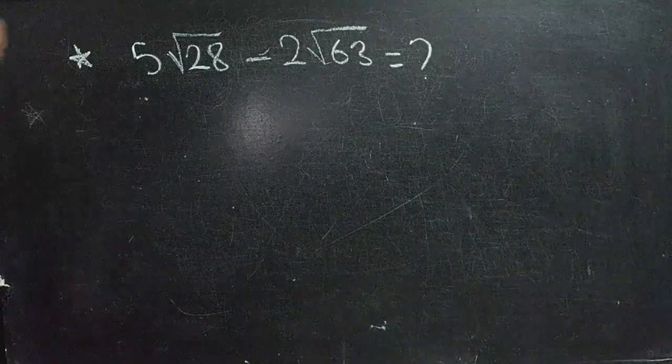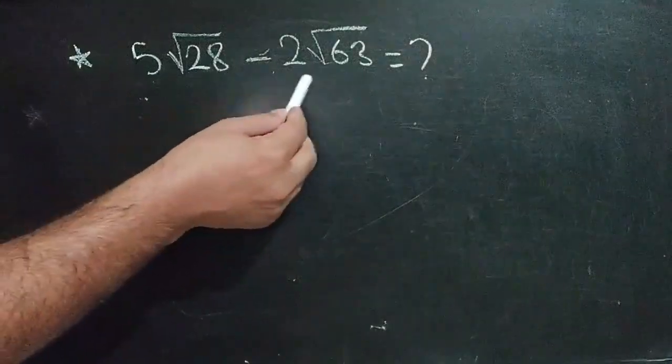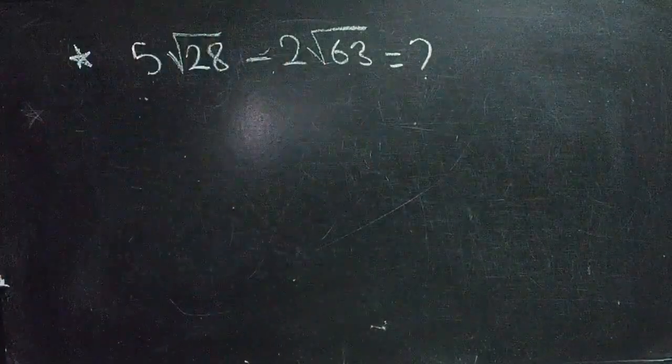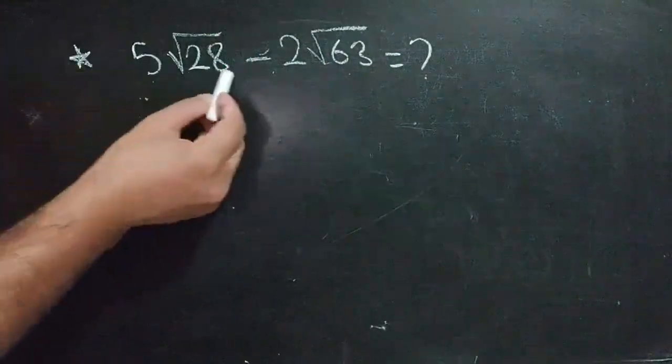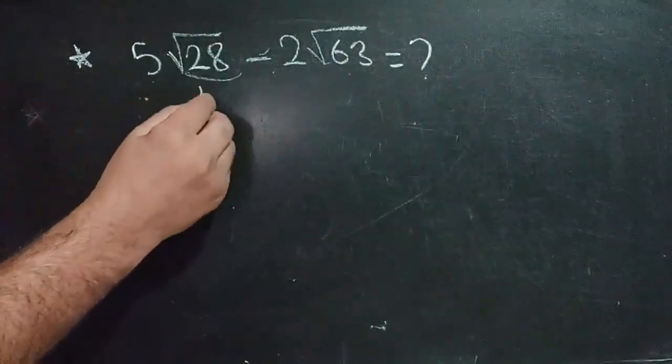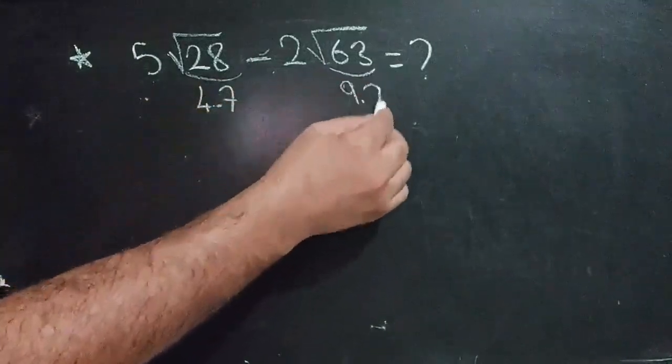So let's have a look at this question. 5 square root 28 minus 2 square root 63. So I will do the same thing like the previous question. For this number, I have 4 times 7, and this one 9 times 7.